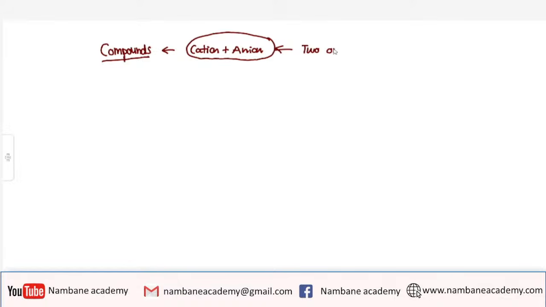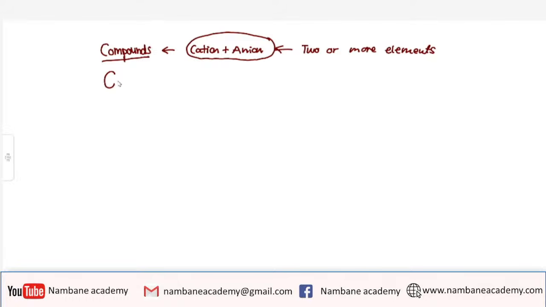Right, so we are now at the part of compounds, right? And inside of our compounds, we're identifying that it is a cation plus an anion, right? When we have to look at them, okay? So because it's cation and anion, it means that it's made up of 2 or more elements. Right? Definitions, I trust you to go and study them, right? So let's look at different kinds of examples, right?